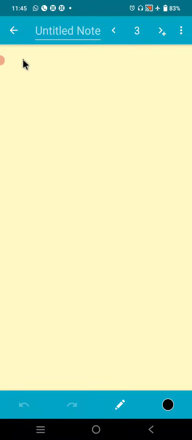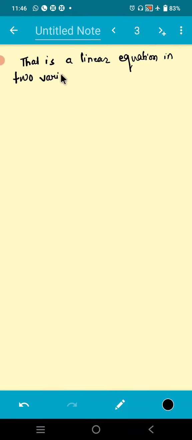That is, a linear equation in two variables has infinitely many solutions.